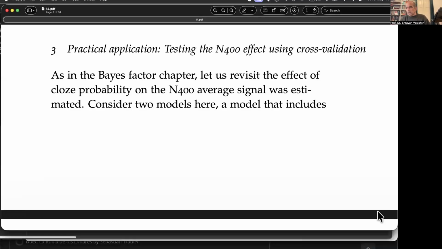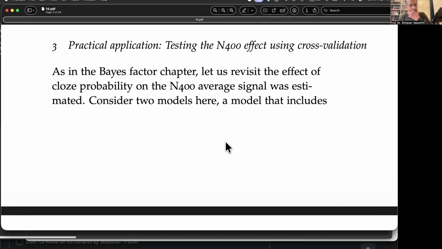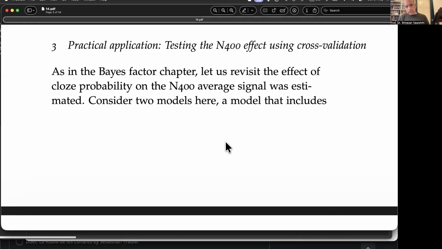So we're going to start our study of cross-validation with a very simple application using built-in front-end functionality in brms and the loo package. What we're going to do is look at the N400 effect that we've seen earlier, that was studied with the Bayes factors in the chapter before this one.